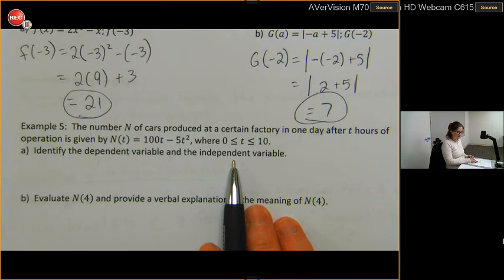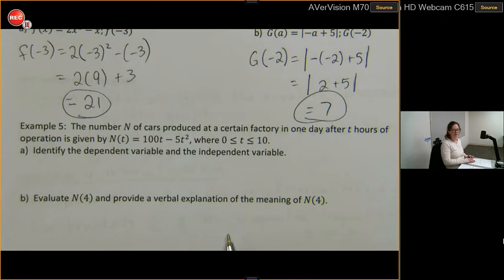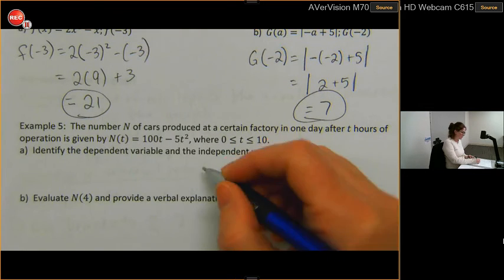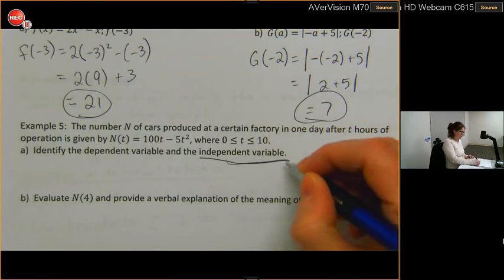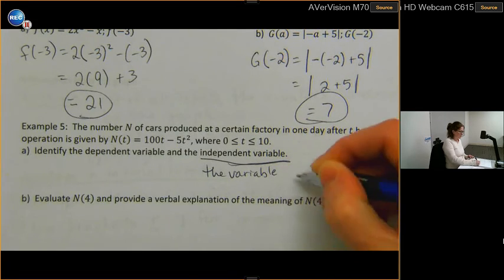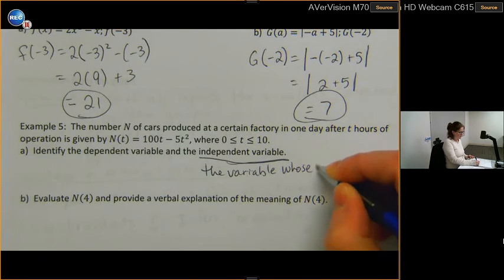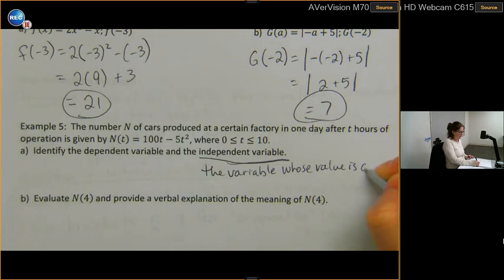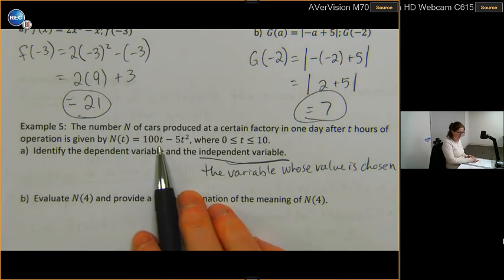So for the dependent variable, actually it's easier to identify the independent variable. The independent variable is the variable whose value we choose. So we can choose values for t.